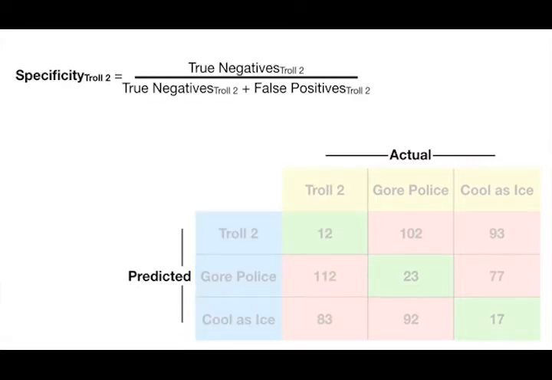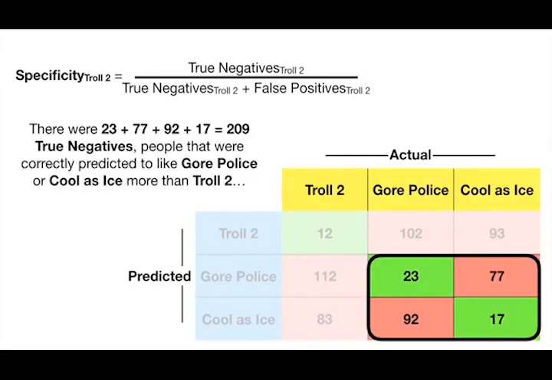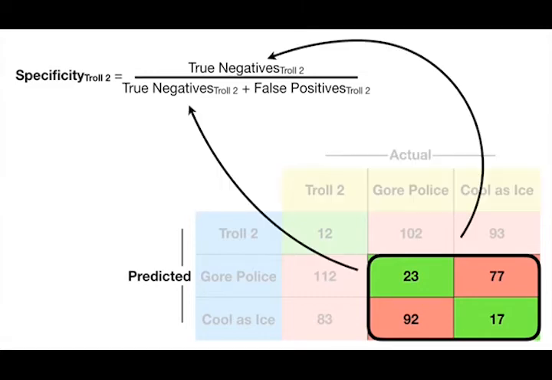Now let's calculate the specificity for Troll 2. There were 23 plus 77 plus 92 plus 17 equals 209 true negatives, people that were correctly predicted to like Gore Police or Cool as Ice more than Troll 2. So for true negatives, we'll plug in 209.